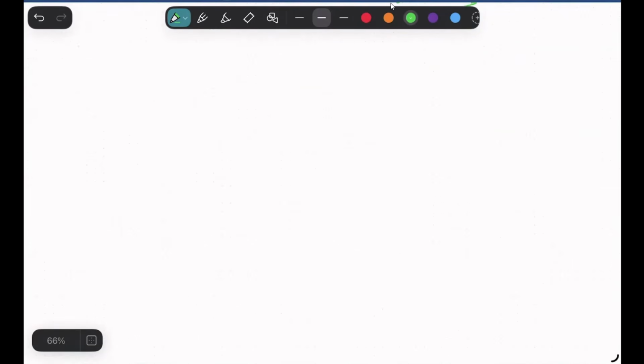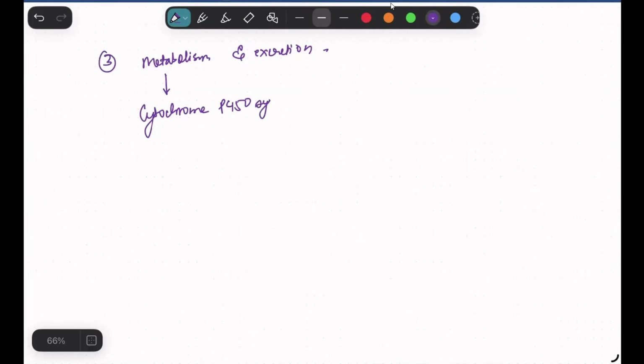Okay, understood? Now coming to the third part of the pharmacokinetics, that is metabolism and excretion. What we studied is that it is extensively metabolized by the liver. Since it is extensively metabolized by the liver, the metabolism occurs in the cytochrome P450 system.